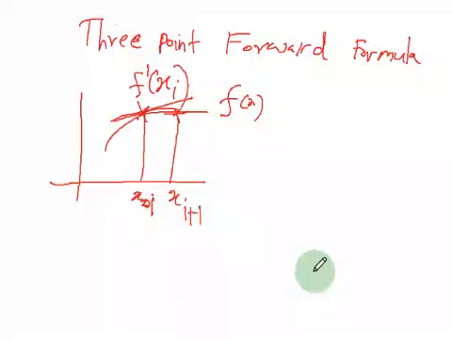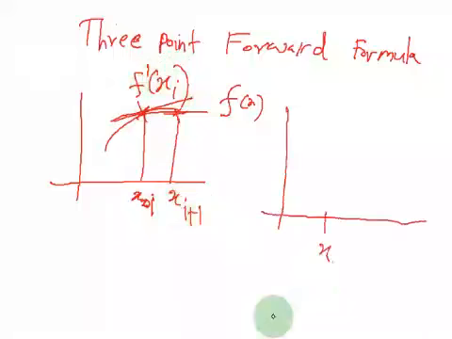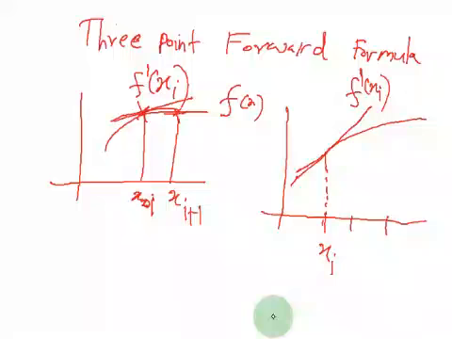Now we are going to find an approximation to this using 3 points. So using 3 points, one is this xi. We want to find an approximation to the slope f prime evaluated at xi using 3 points: this one and, in front, another 2 points.